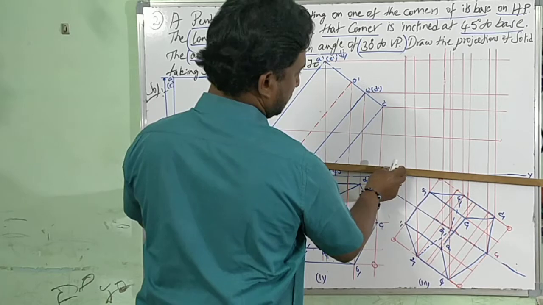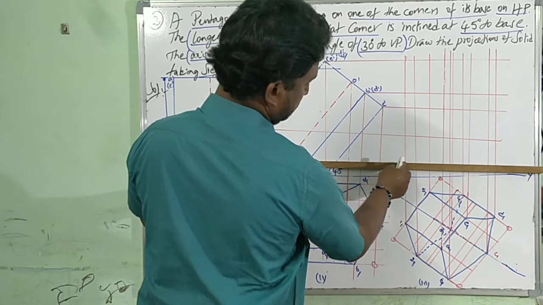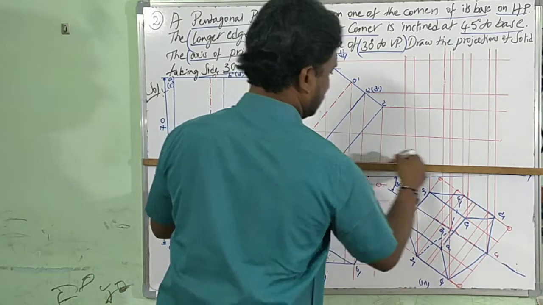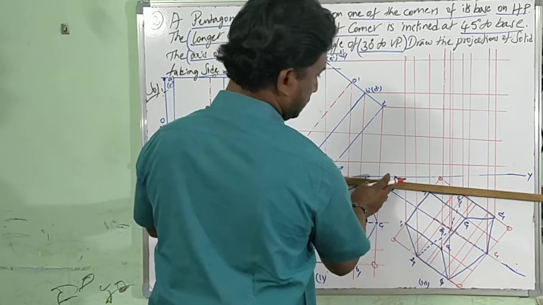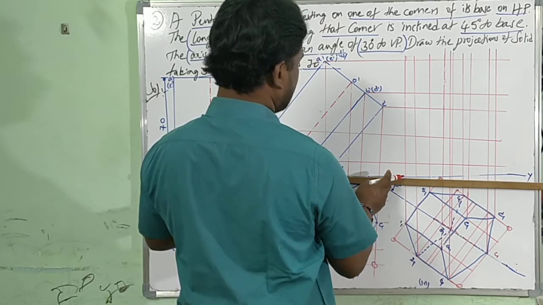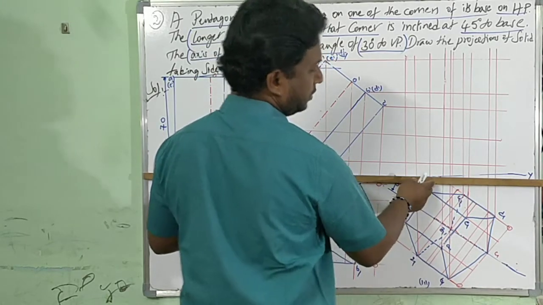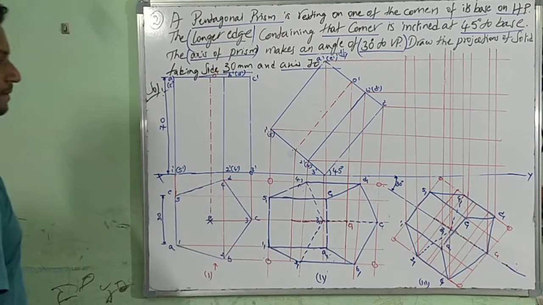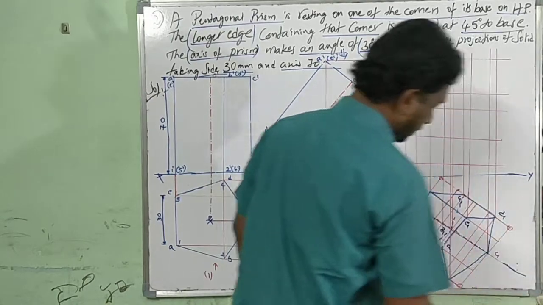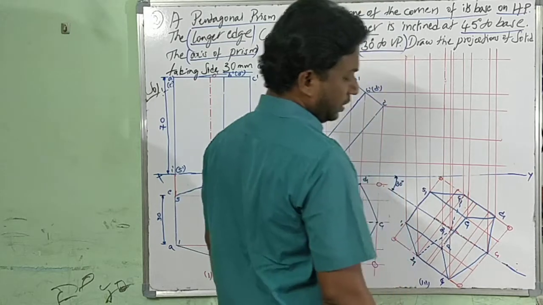You know this procedure. 2 dash, 3 dash, actually it's a baseline, right? XY line. All points you have to pick now. Intersection. When you are looking from here at the front view, which is to be thick, which is to be hidden.